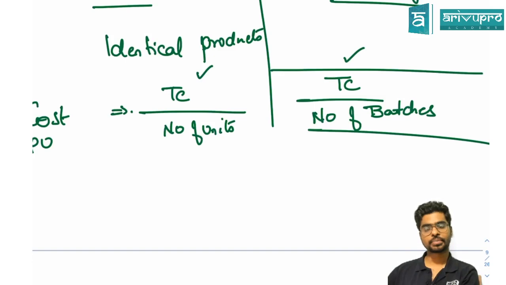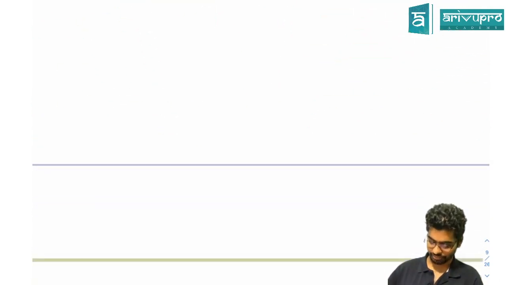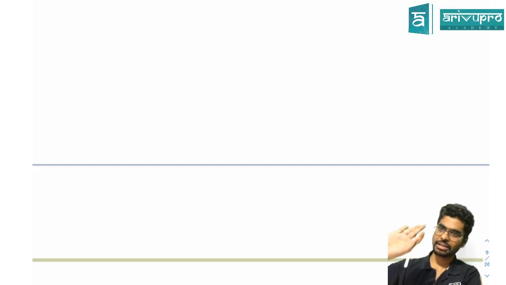Are you clear? Now what is this number of batches? Let me try understanding an example. Have you ever tried taking a medicine and checking behind, it says batch number?